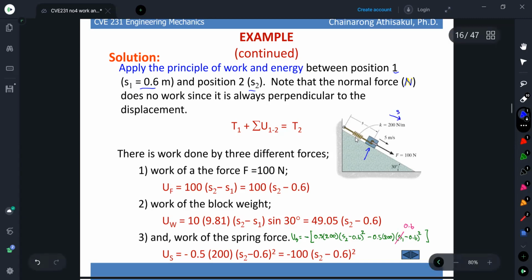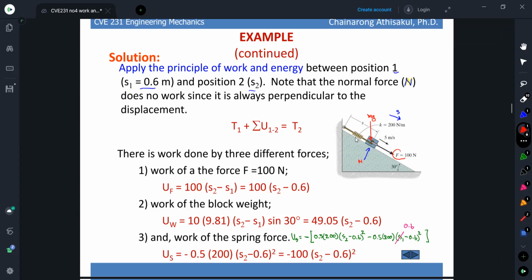We have the force mg, and the normal force that is perpendicular to the contact surface, so it does no work. We also have the applied force of 100 Newton.